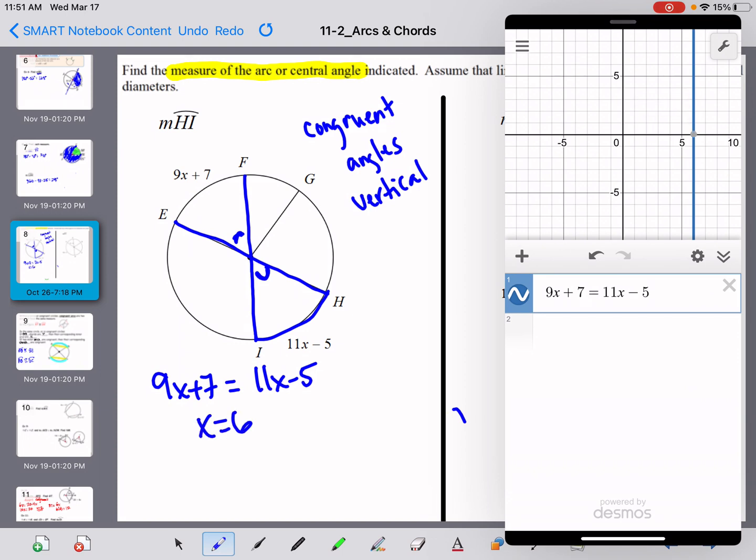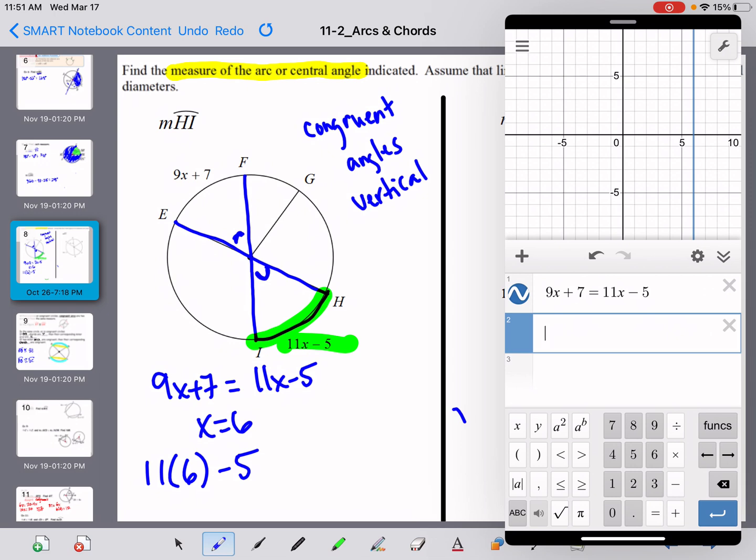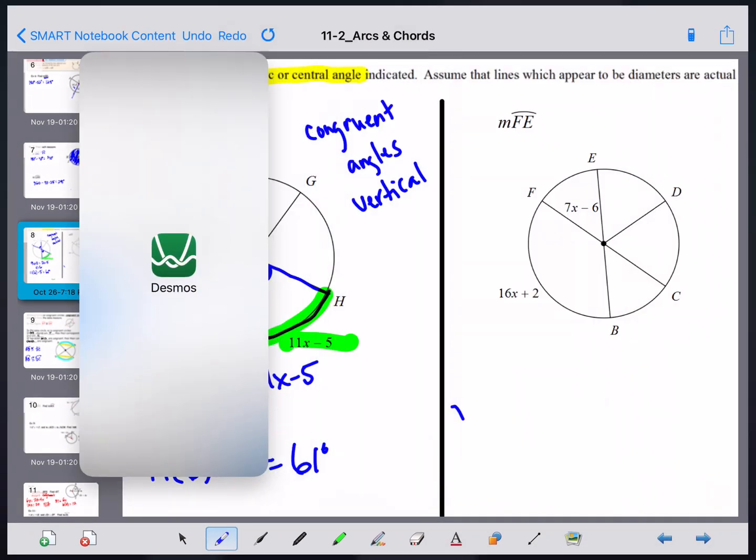No, I was trying to find HI. So if I'm trying to find HI, I need to substitute that 6 in. So 11 times 6 is 66, minus 5 should be 61. So HI is 61 degrees.